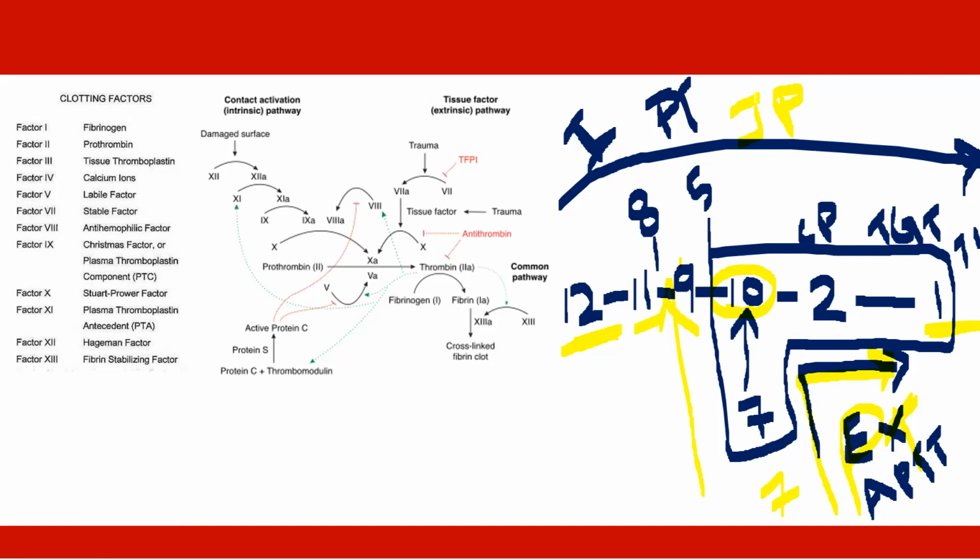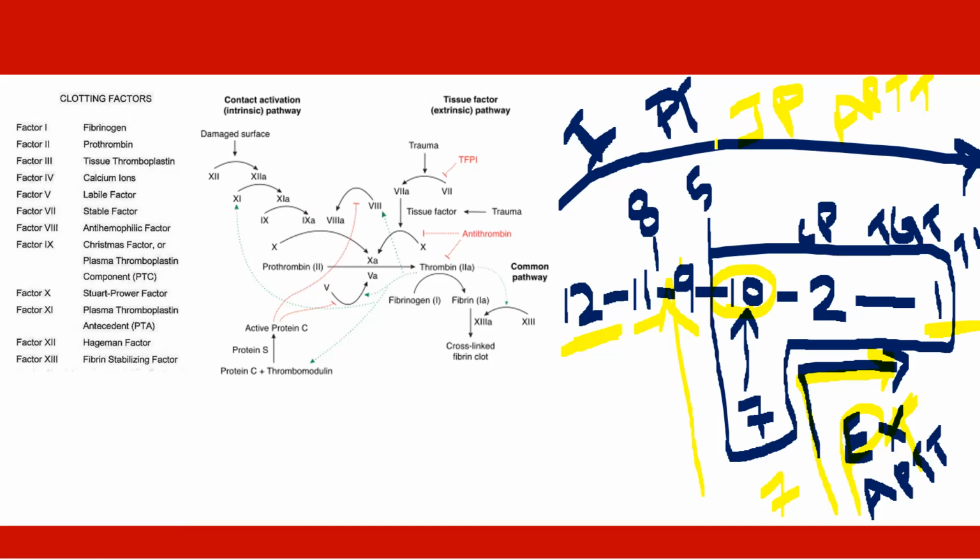Whereas the intrinsic pathway can be studied with the help of APTT, activated partial thromboplastin time. This is another lab test. Prolonged or increased APTT indicates a problem with the intrinsic pathway of the coagulation pathway.